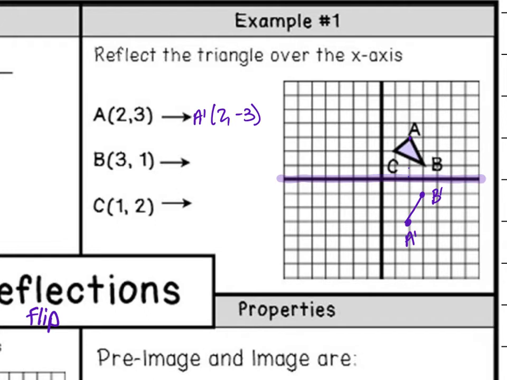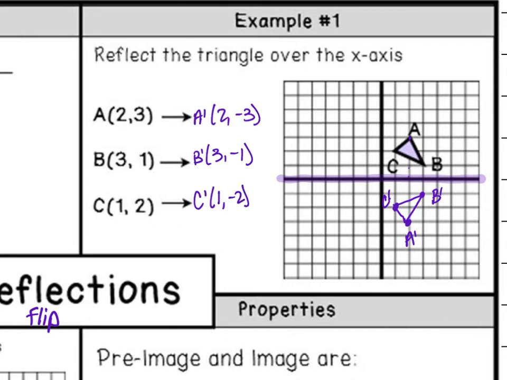So the location of B prime is still, x is still equal to 3, but now y is equal to -1 because it's 1 below. And C is 2 above, so it's going to be 2 below, so that's C prime. So C prime is still 1, but it's 2 below, so there we go.